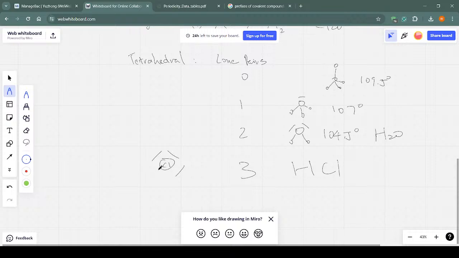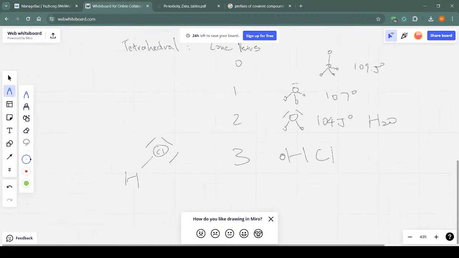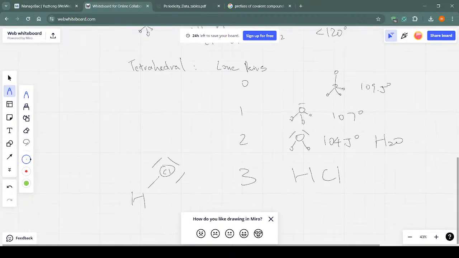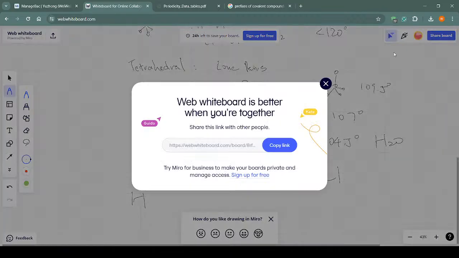So that's the chlorine, and then that's the hydrogen. So apparently that's supposed to be a tetrahedral. Okay. Do we really have to memorize the angles? Apparently, yeah. Oh yeah, I can share this board with everyone.